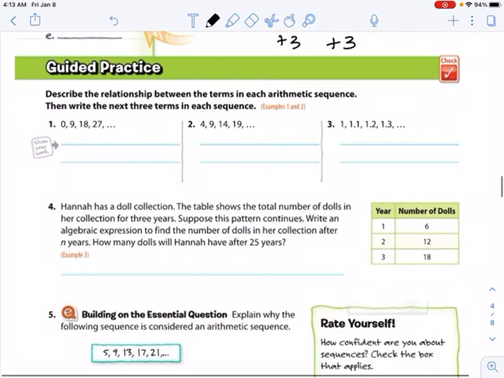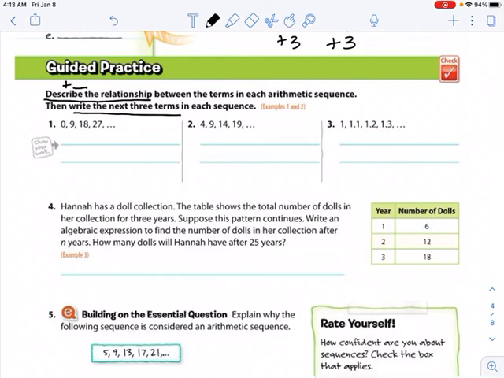Okay, let's do some guided practice questions together. In numbers 1, 2, and 3, you're describing the relationship. So that means it's going to be plus and then whatever number it is. But please do know that sometimes the relationship might be a minus, like that sequence might be getting smaller. And then we have to write the next 3 terms.